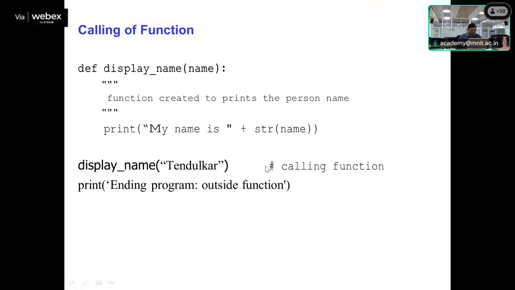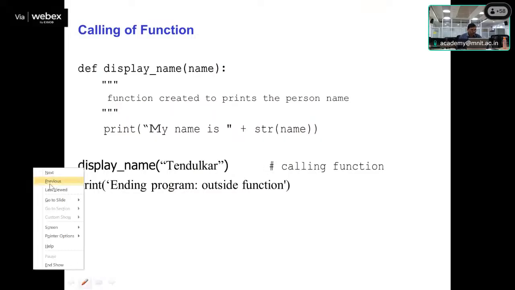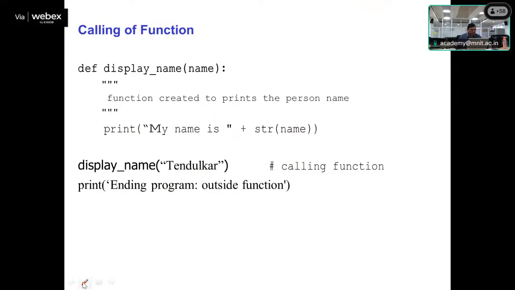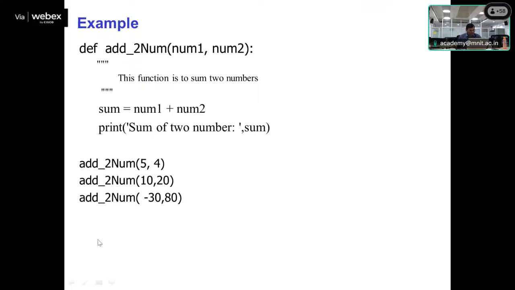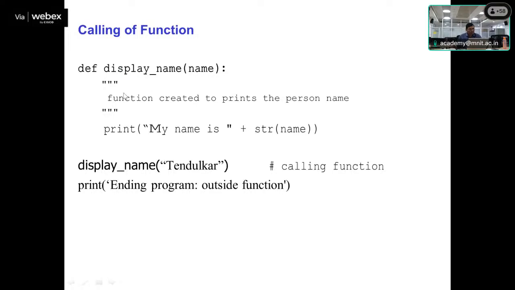Now if we want to call and use the function we created, how can we do this? We have created this function display, and in this function we use the print statement for printing the name. Then we call this function, the function which we have created.